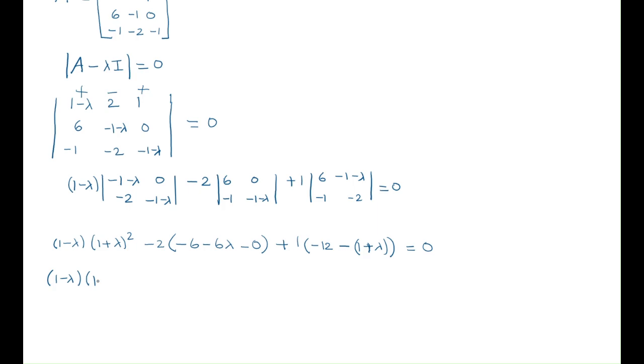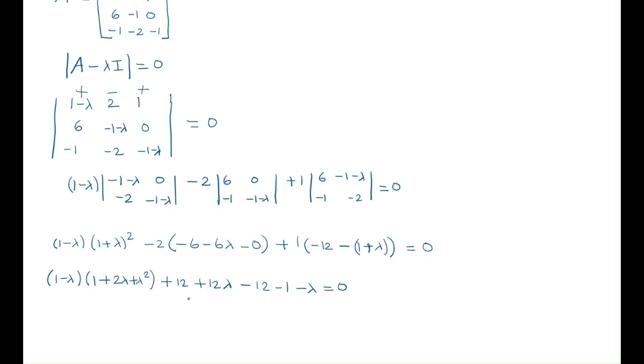If we expand that, I have 1 plus 2 lambda plus lambda squared. Now if I multiply this, it becomes plus 12 and then plus 12 lambda. And then this is 1 times these values, which is going to be the same. So it is minus 12 minus 1 minus lambda equal to 0.